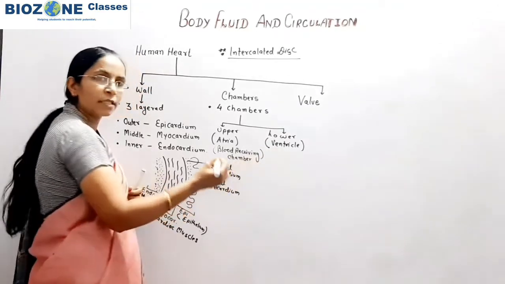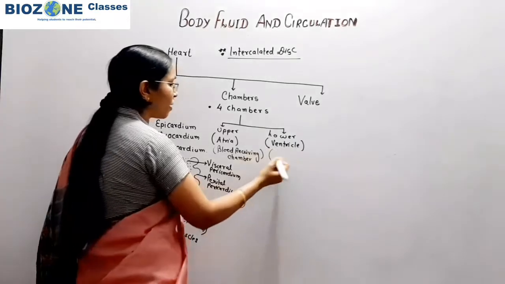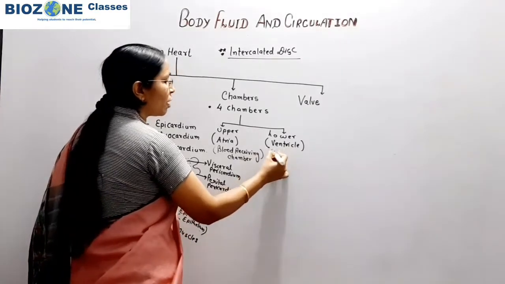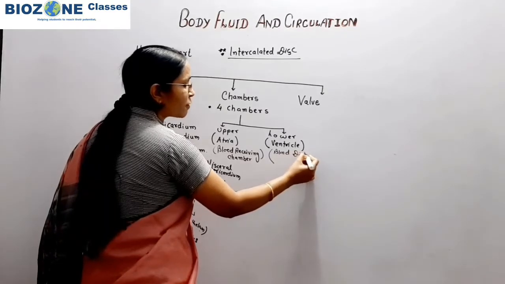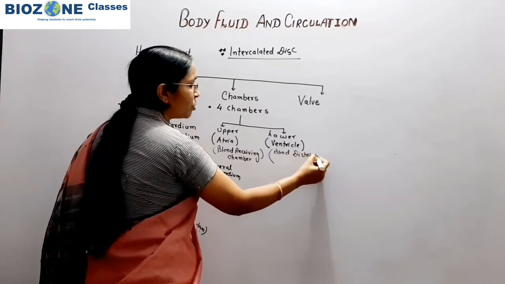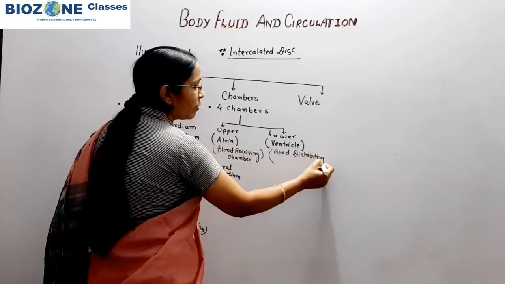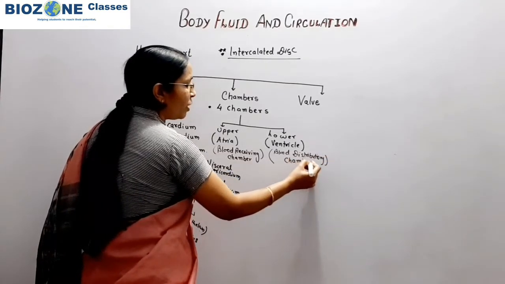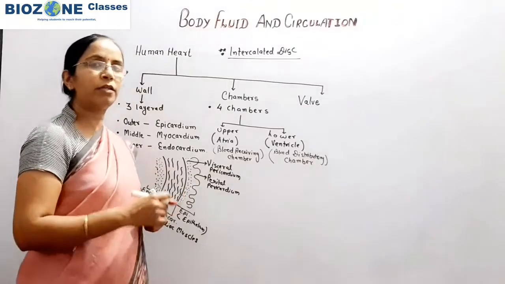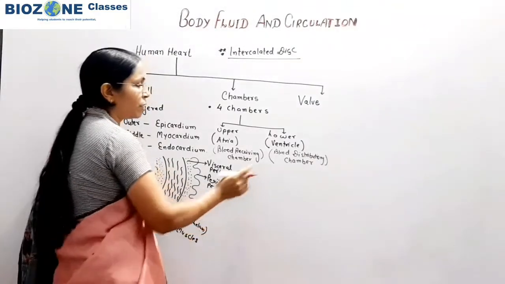whereas ventricles are the blood distributory chambers. To the various parts of the body, blood distribution takes place, and this blood is distributed through the ventricles. So you remember ventricles are the blood distributory chambers.